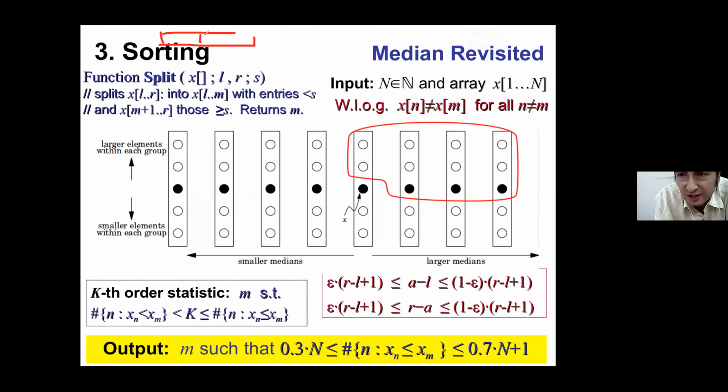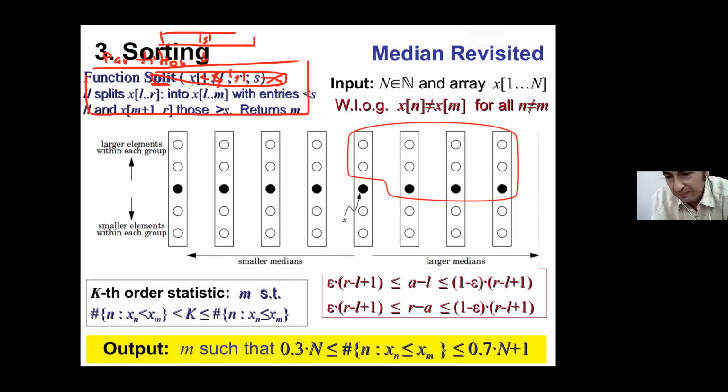The split was, if you have an S, it will move it somewhere, and everything here will be less than S, and here everything will be bigger than S. This is what the split does. I said instead of split, call this better partition, because on some slides it was called split partition. We need this piece, which was part of the quicksort algorithm.